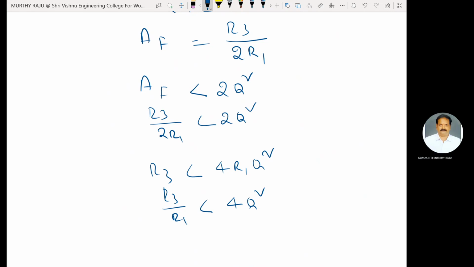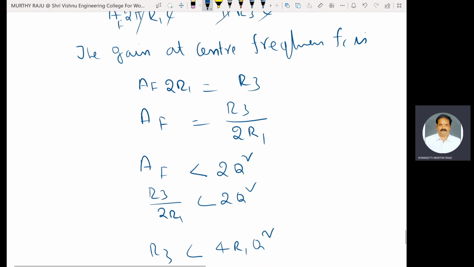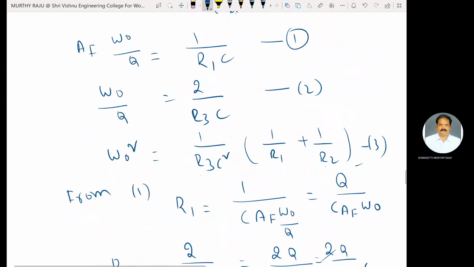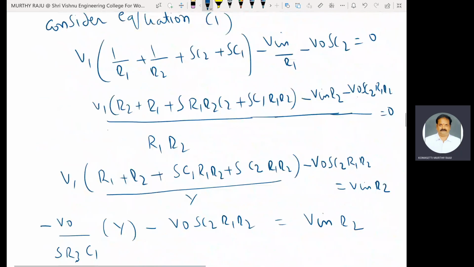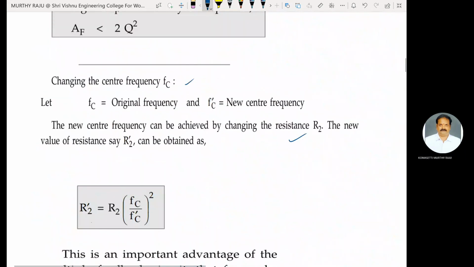Next one, the bandwidth is constant and the center frequency changes. Therefore, we need to calculate R2 and R2 dash. Here in this analysis, changing the center frequency, let Fc be the original frequency and Fc dash the new center frequency.